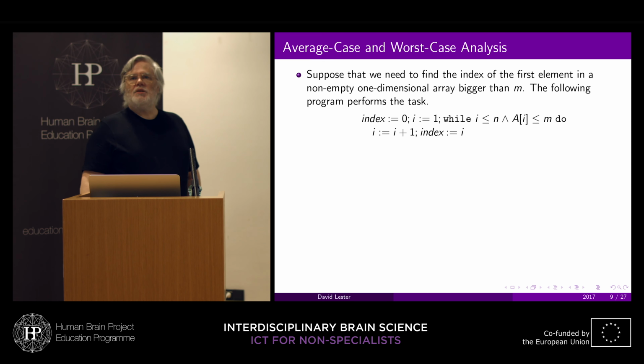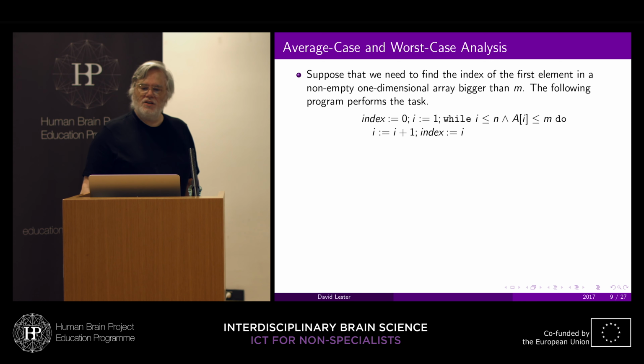Now I want to say a little bit about average case and worst case analysis. Suppose that in this case we want to find the index of the first element in a one-dimensional array, so by that we mean a list, first element that's bigger than a particular value m. We can use the following program to perform this task.